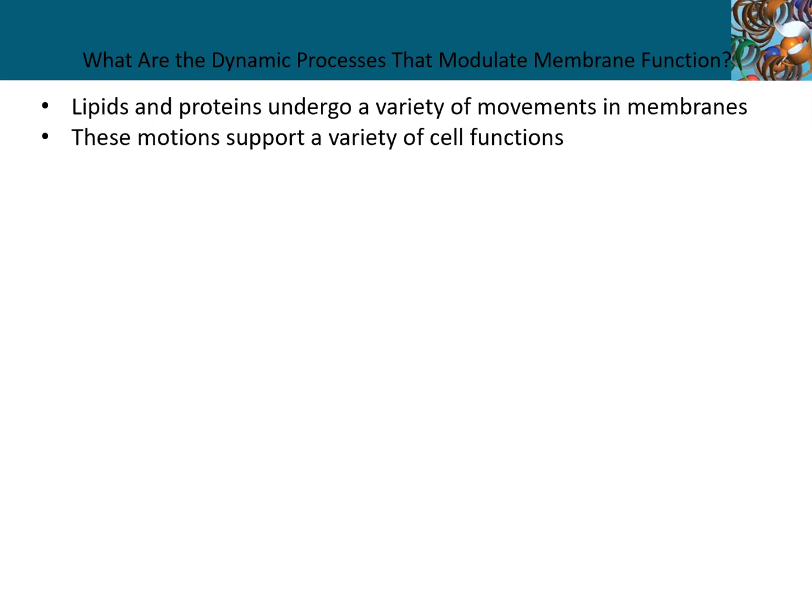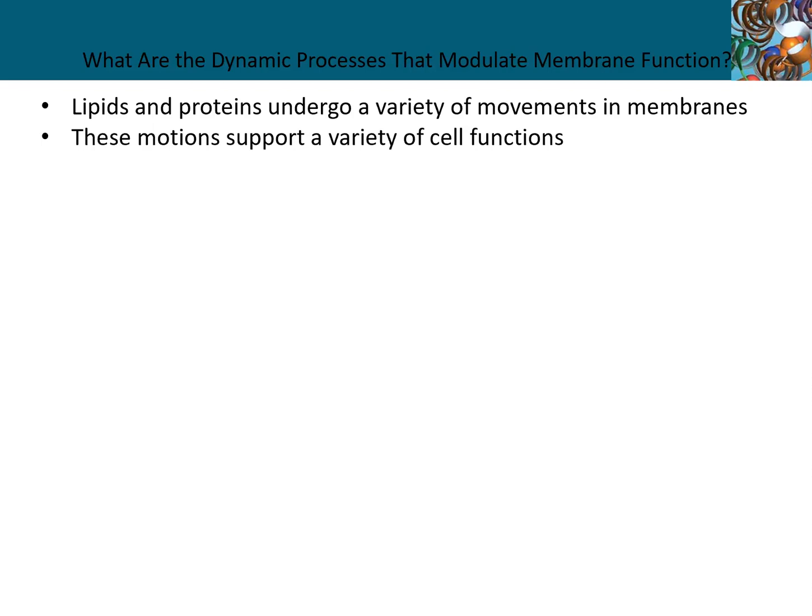I probably should edit this slide out because it's to make the point that we've been hammering on already, but these are dynamic processes that we're talking about, and lipids and proteins undergo an enormous amount of movement within a membrane, and these movements are essential for cellular function.